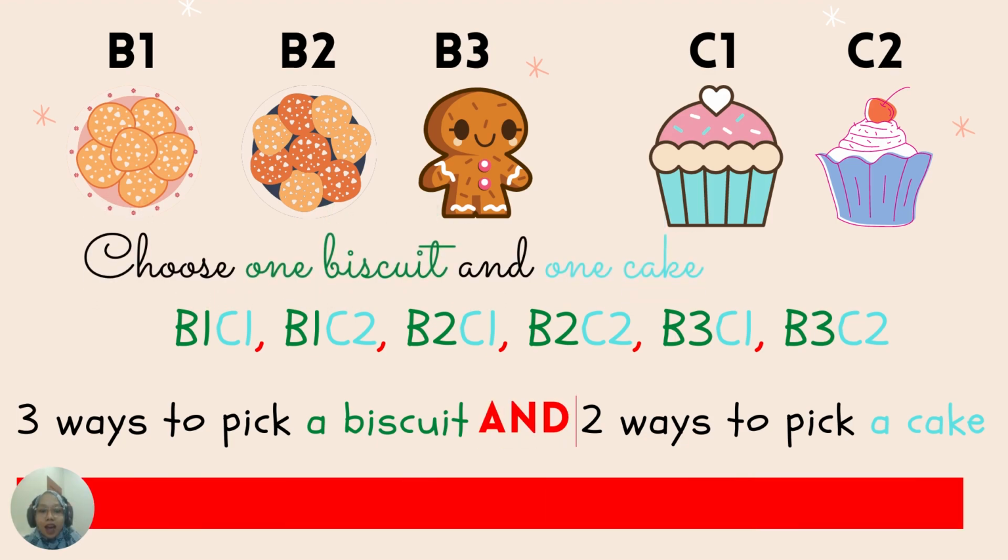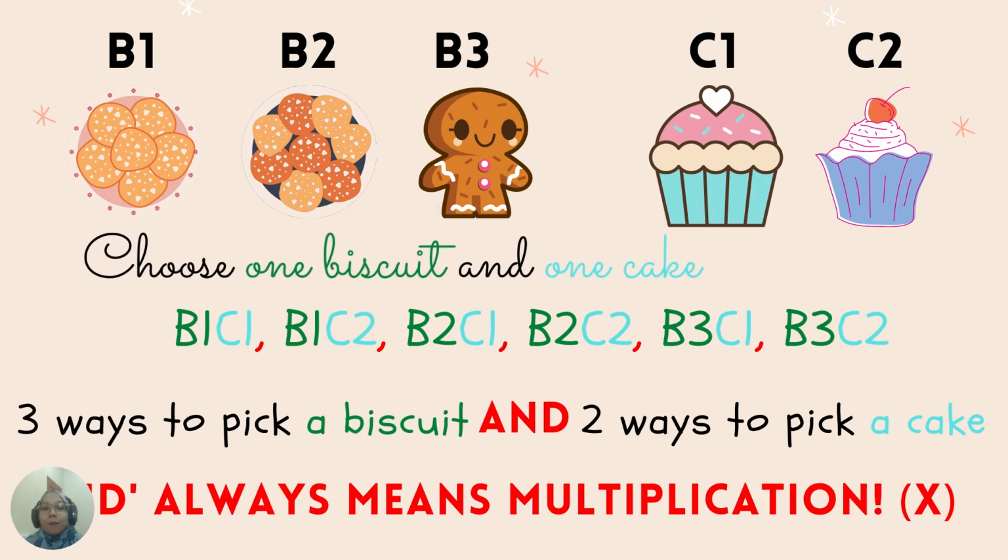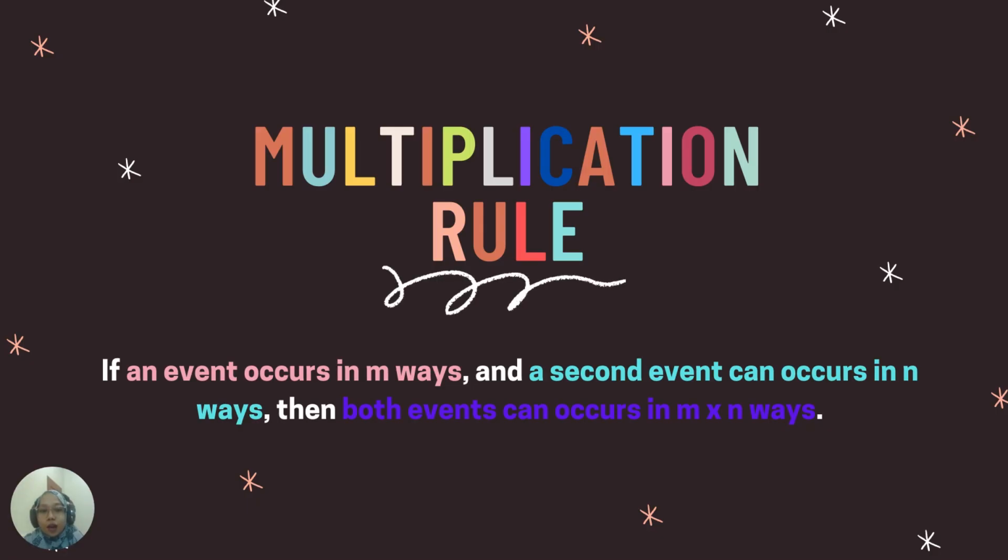So in this situation, AND will always mean multiplication. Multiplication is about events: if an event occurs in m ways and a second event can occur in n ways, then both events can occur in m multiplied by n ways.